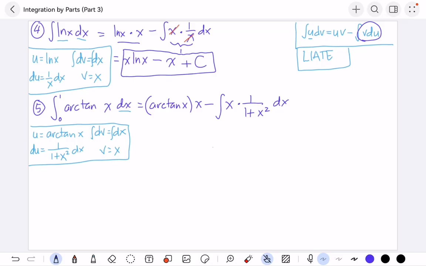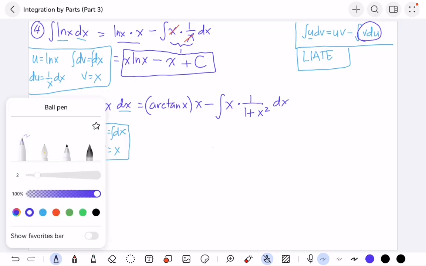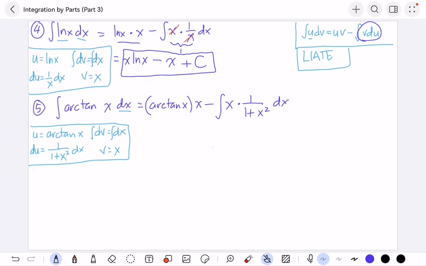Alright, so what we do is the indefinite integral first. So let me erase 0 and 1 here, then evaluate from 0 to 1 later on when we already have the antiderivative. Okay, so let's continue. Simplifying, I have x arctan of x minus the integral of the product, so x over 1 plus x squared dx. So what do we do with this integral?